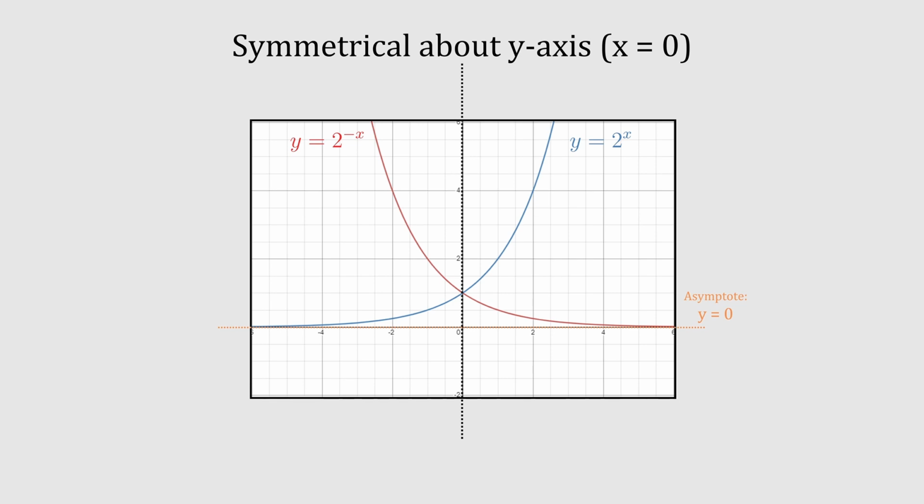The last equation form we're going to look at before the example is the equation in the form y equals negative a to the power of x, with a being yet again an integer bigger than 1. Your graph cuts the y-axis at negative 1. As your x gets bigger, your y will decrease.